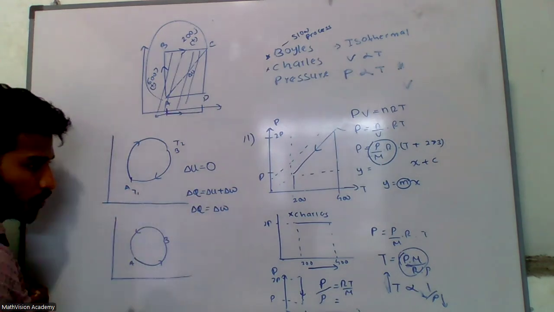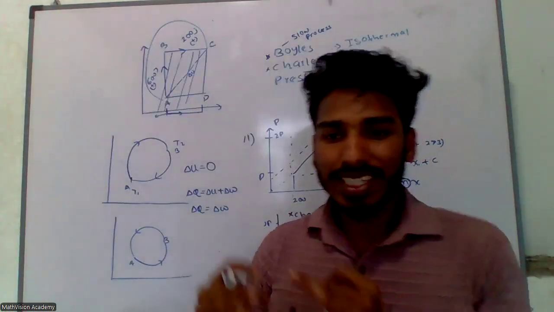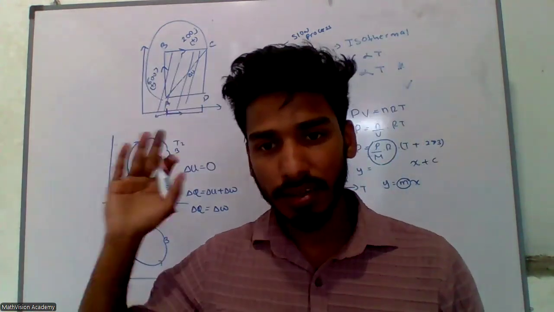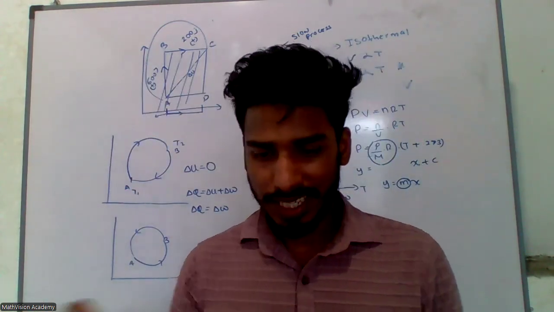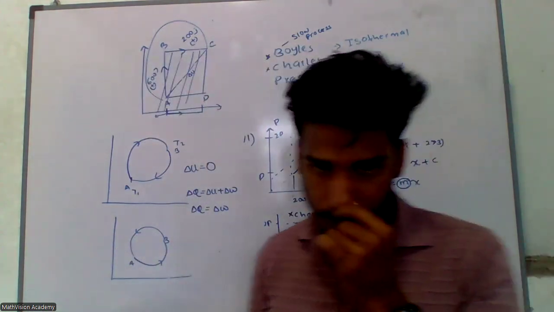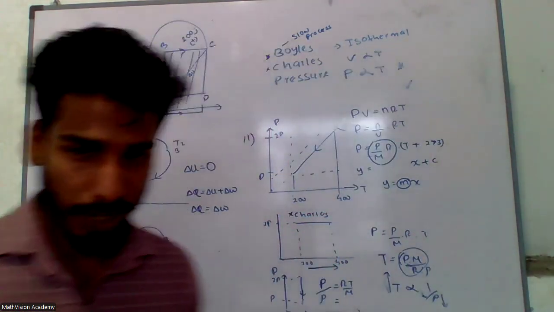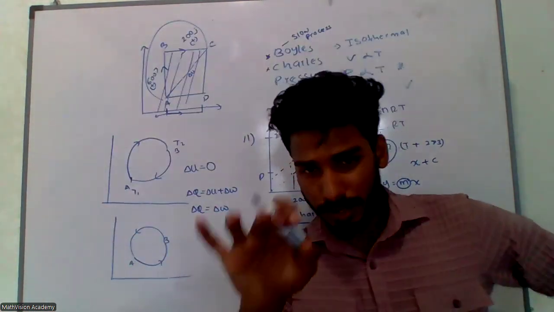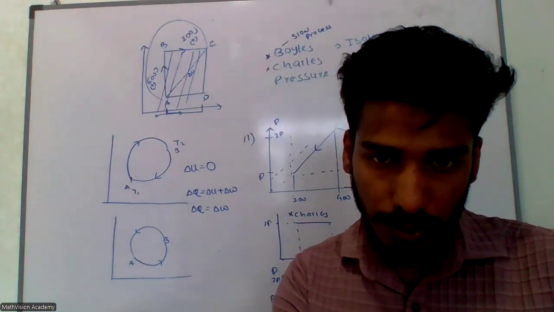So whatever heat is exchanged in here is directly transferred to my work done. It's neither used to increase the temperature nor reduce the temperature. Okay, that's the point you should note down here. And I'll tell you the reason why I have just added the other parts as well.